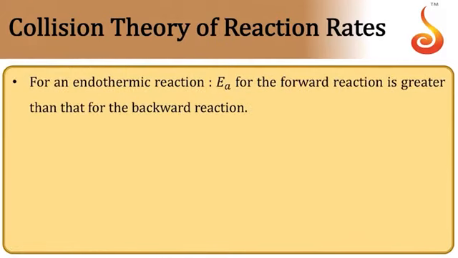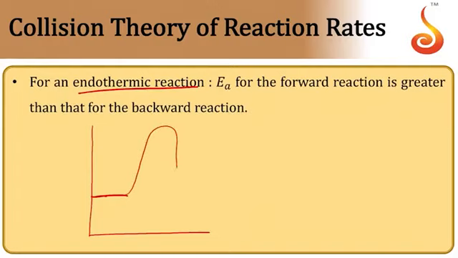Now coming to endothermic and exothermic reactions. For an endothermic reaction, you can take the same graph like this. The energy of products will be more, thereby the graph comes like this. Here we have the energy of reactants, the energy of products, the threshold energy, and this will be the energy of activation.